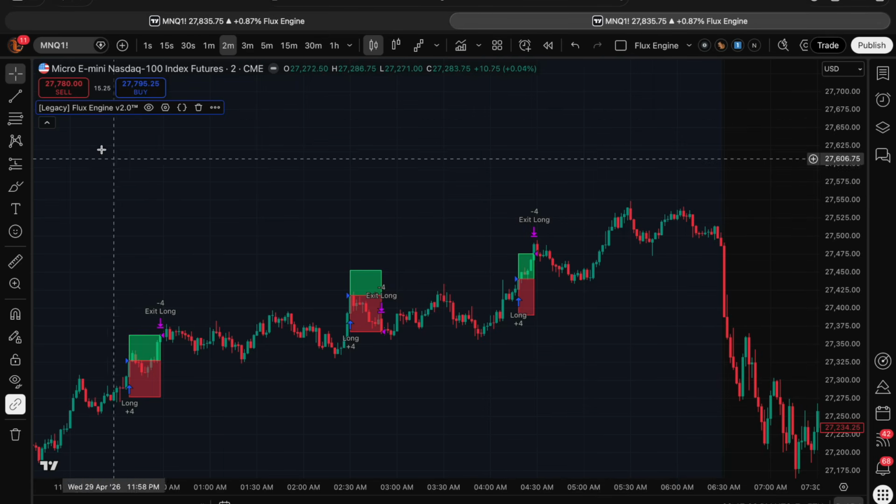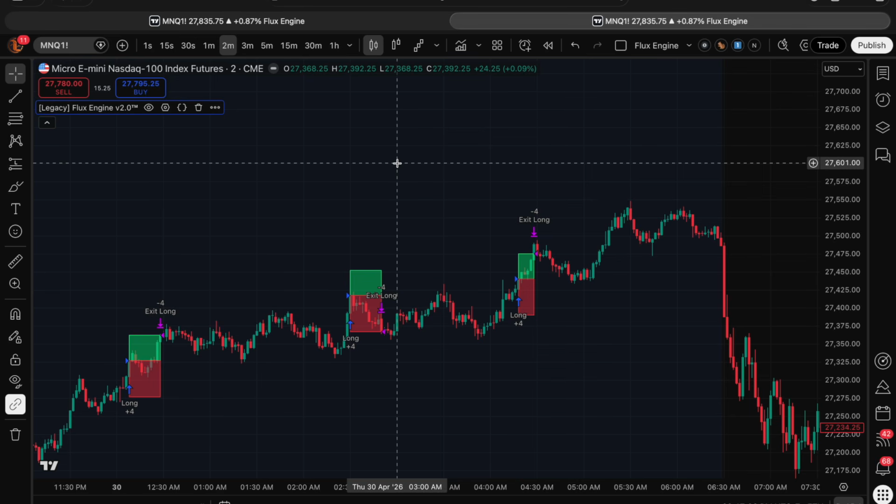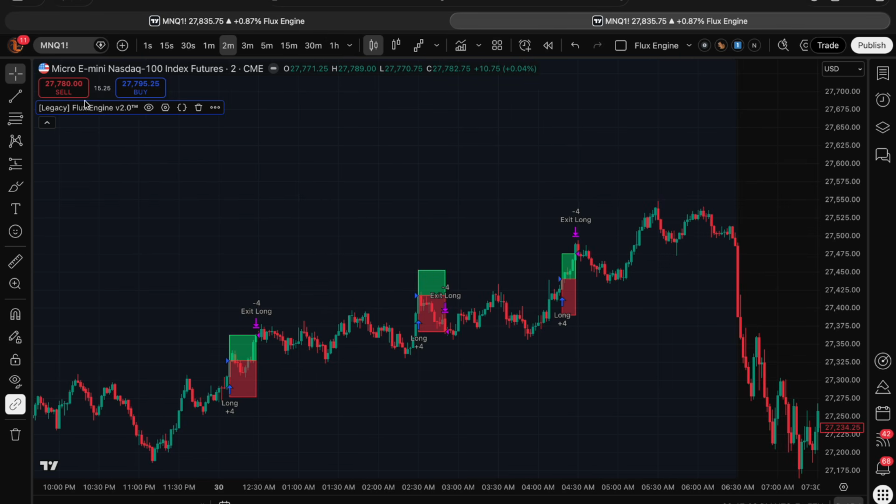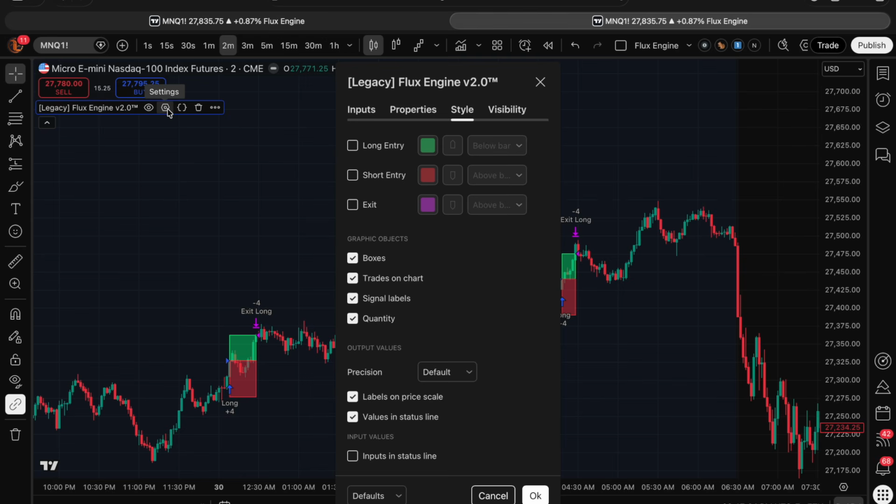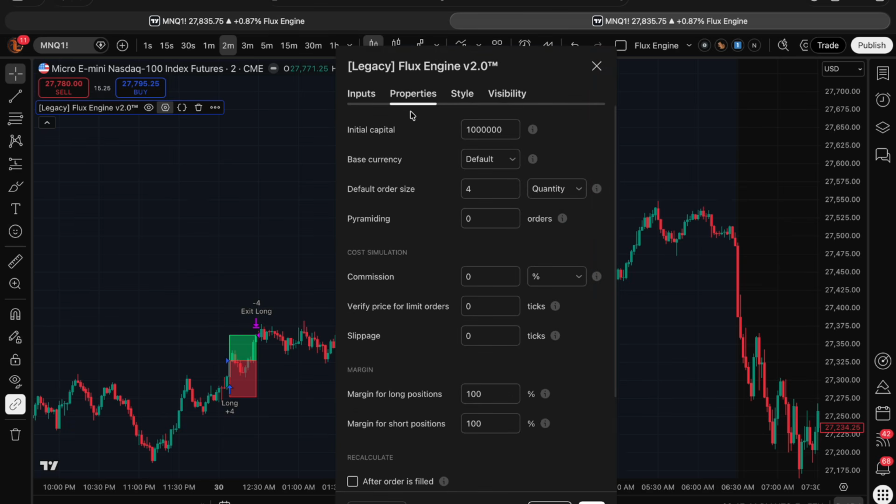Right, so this is the legacy Flux Engine version 2.0, also available on the legacy prime plan. This will be a really quick tutorial on the Flux Engine. I will be doing an update with this one. My plan was to release the update this weekend, but I may need more time figuring the settings out a little bit.